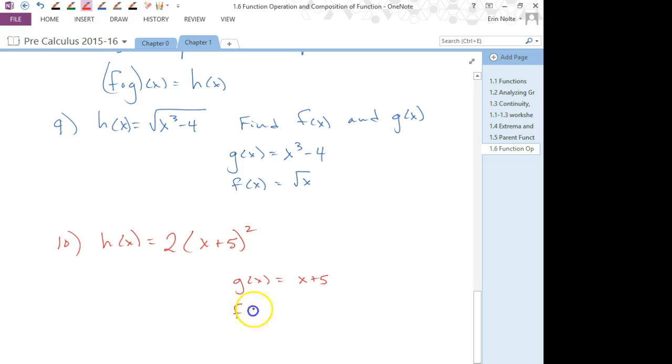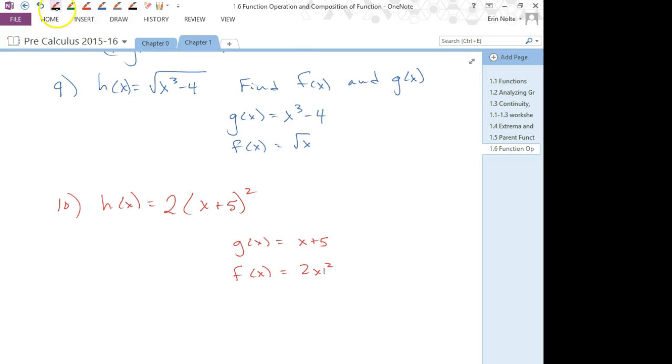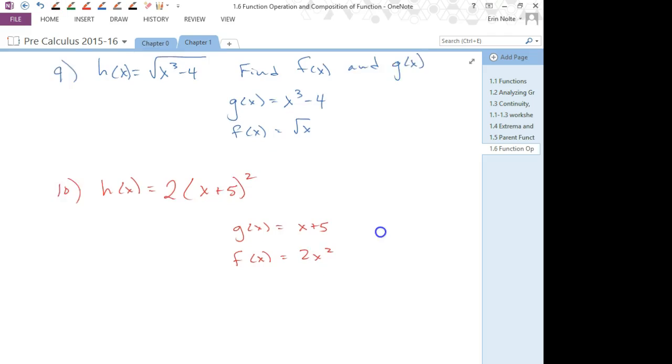So what would your f of x be? 2x squared. Perfect. Is everybody okay with that? Not too bad, right? Kind of the stuff that's in parentheses is the g, the one that gets plugged in, and then everything outside is the f. Okay. That should do it.